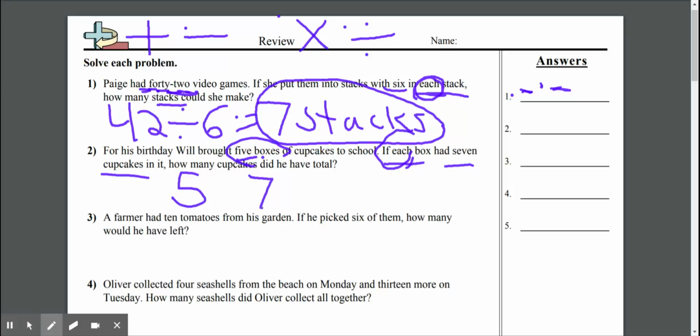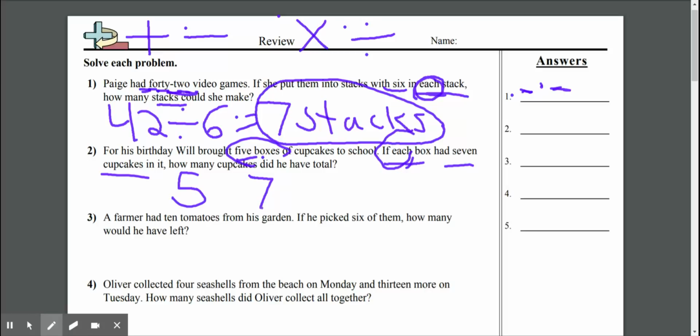Now, clearly, we have to think about what we are going to do here. In the last one, we had a bigger number with a smaller number, and by putting things into stacks, like piling them up, divvying them up, we knew to divide.